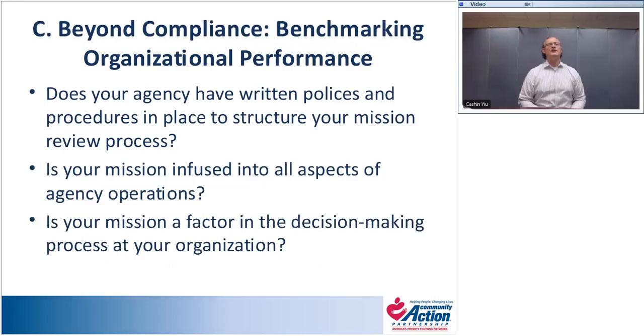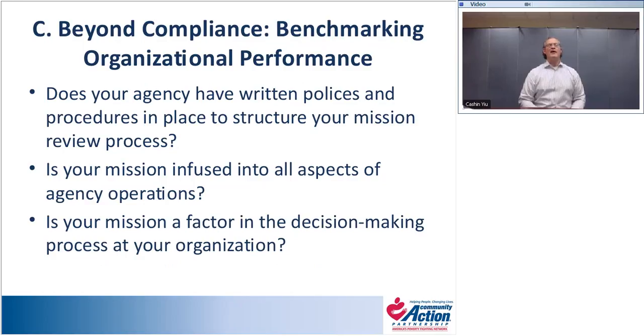So Section C has some quick diagnostic questions for beyond compliance that we would suggest agencies think through, and again, make recommendations on how they could improve around this particular standard. One question: does your agency have written policies and procedures in place to structure your mission review process?